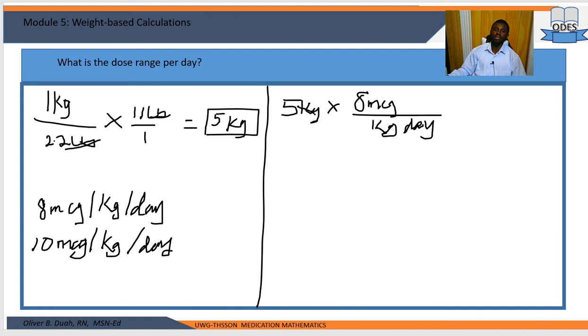So kilogram will cancel kilogram, and we have 5 times 8 micrograms, which is going to be 40 mcg per day.